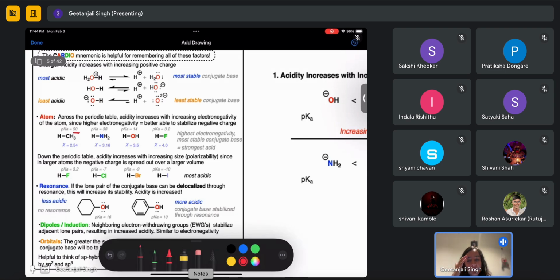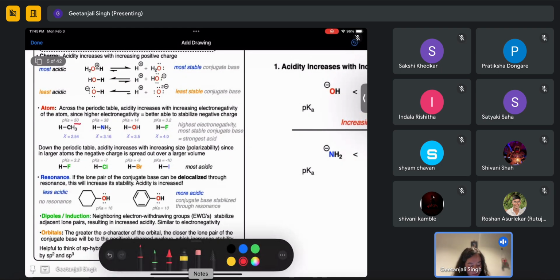An increase in polarizability makes it easier for the compound to lose H, and how easy it is for a compound to lose H makes it more acidic. So as we move down the periodic table, the acidity also increases. Moving from left to right, acidity increases, and even moving from top to bottom, the acidity also increases.